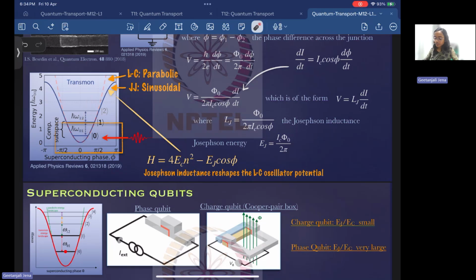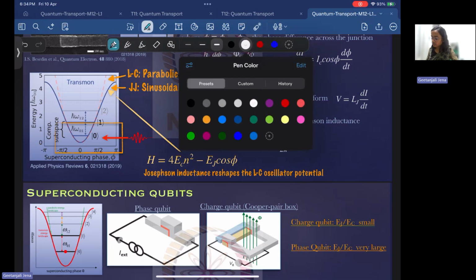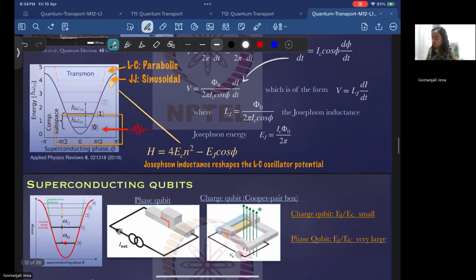And we can see it here because here we can see the Lj. If you recall, omega is 1 by root over of LC. So it depends on L. And you can see here, L depends on phi.